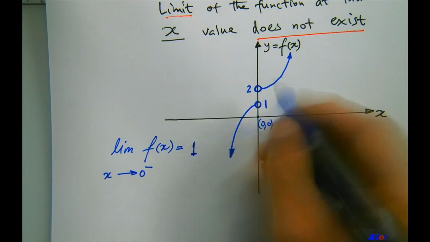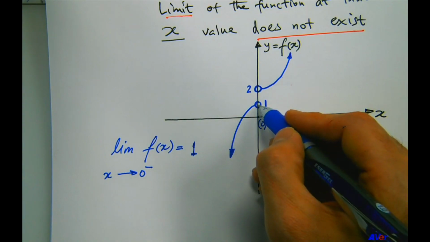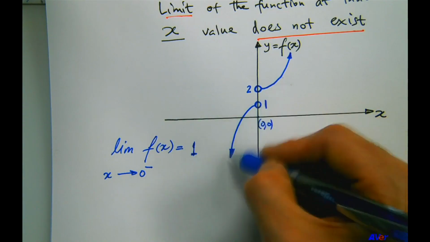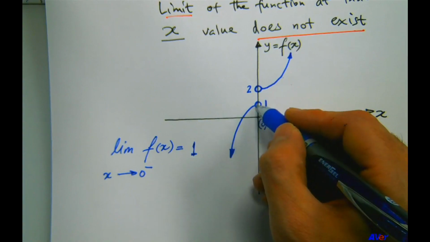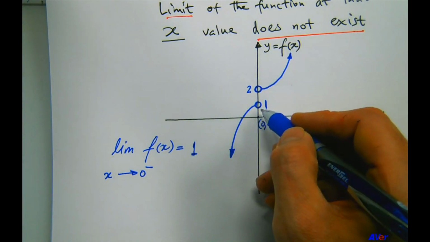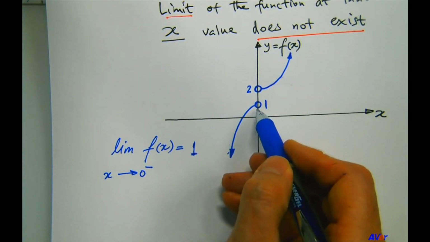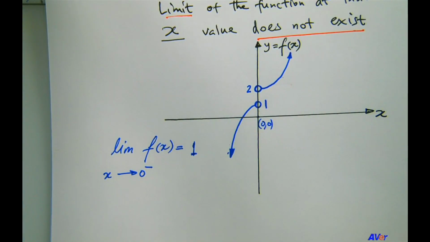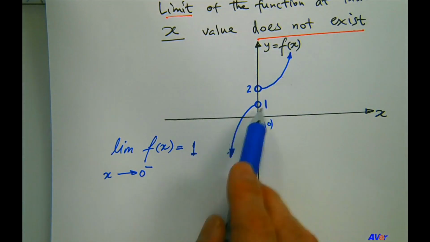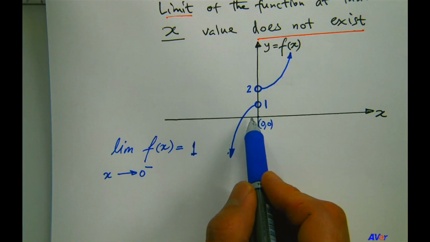It's okay if it's a filled-in circle or a hollow circle, it doesn't matter. But it approaches 1. Whether it becomes 1 or not, it doesn't matter, but it does approach it. Okay, that's the idea of a limit. So there is a limit for this function as x approaches 0 from the left, right?